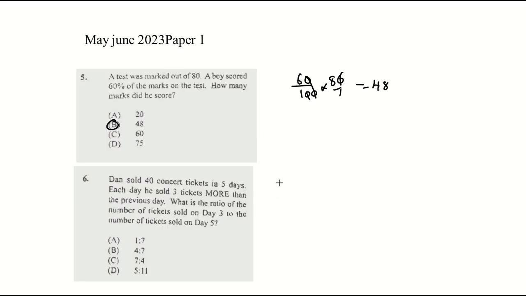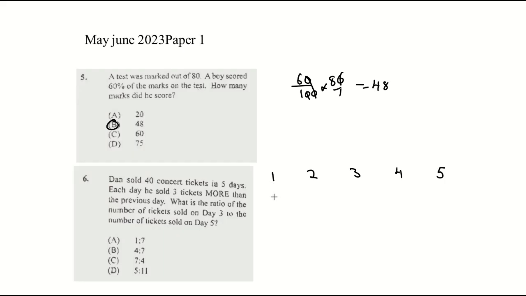So first off, we have day 1, day 2, day 3, day 4, and day 5. We know when you add all of this up, the total number of tickets would be 40.